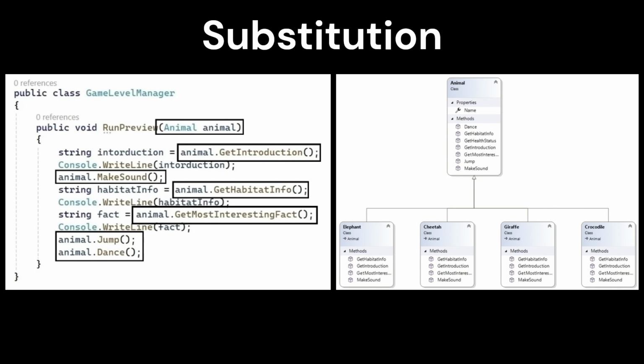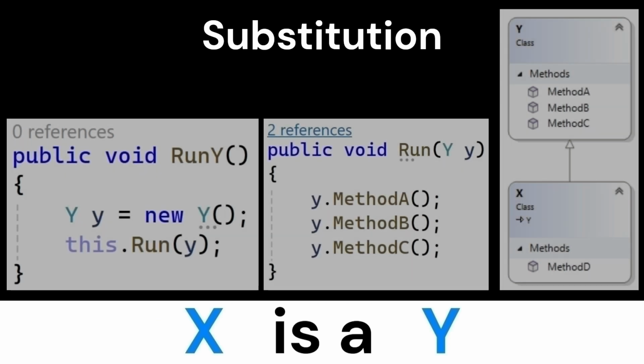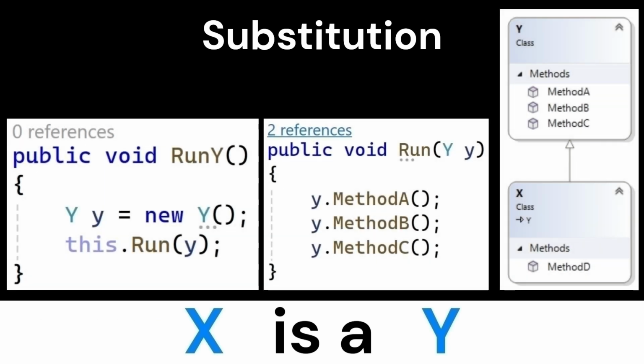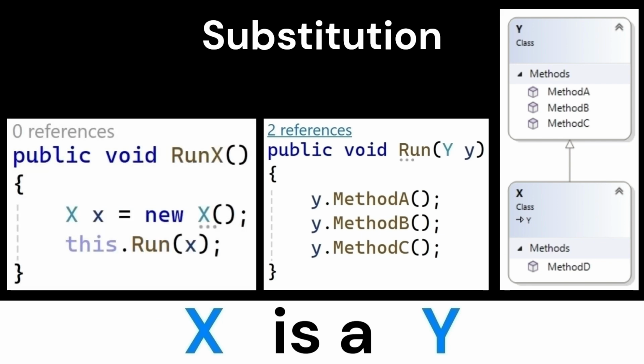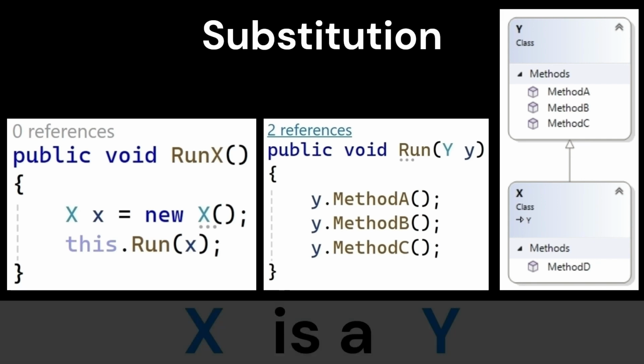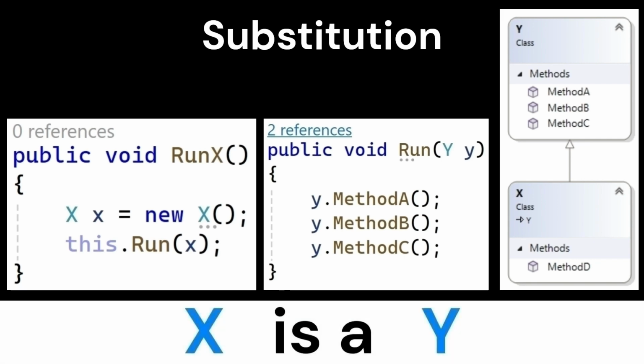This is important because it allows us to write generic code that works seamlessly with both the parent and its children. Think about it. When we say X is a Y, it implies that X can stand in for Y. In other words, any code that works on Y should also work on X without any issues. Why? Because X is a Y.